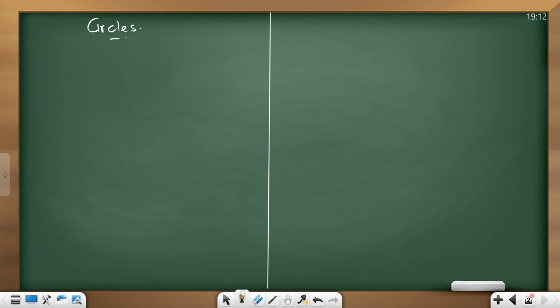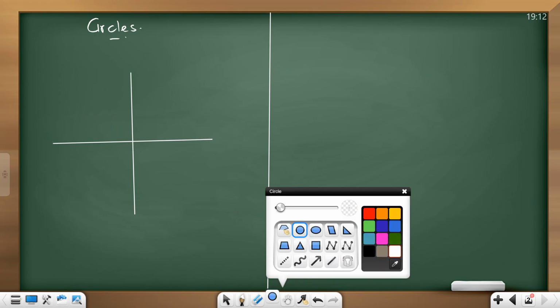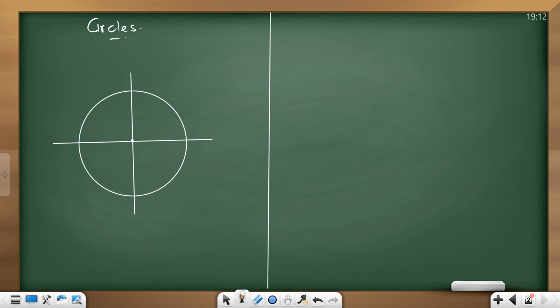Something very common that they do. Now, if I look at a circle, one thing that I know about a circle is that it has a center.